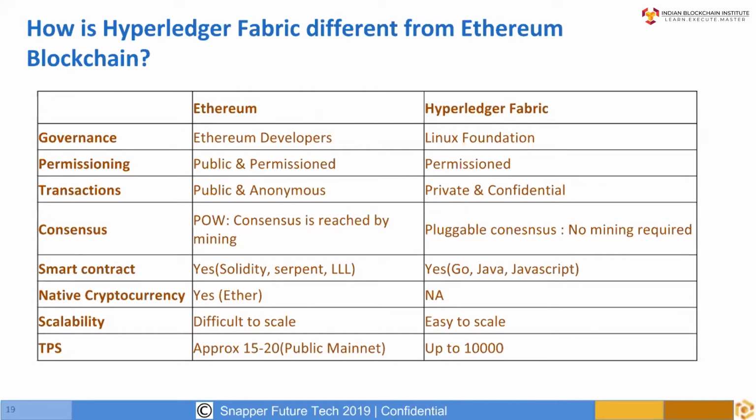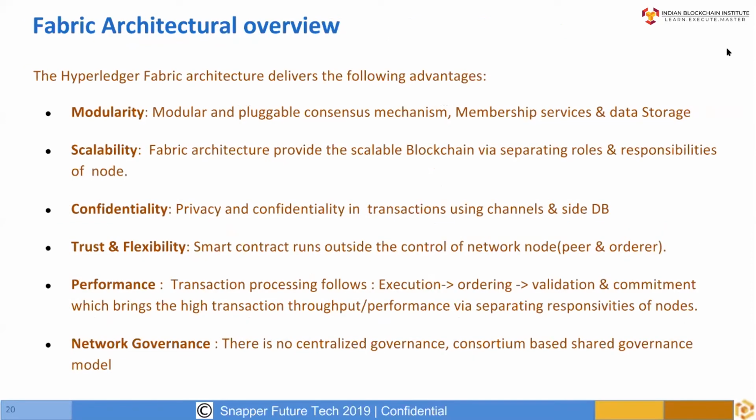And of course, in Fabric they have tested 20,000. In Corda they are testing approximately 50,000. So yes, the blockchain is coming up at par with the current infrastructure of Visa or Mastercard or PayPal. So that is scalability. Fabric architecture provides a scalable blockchain via separating roles and responsibilities of nodes.